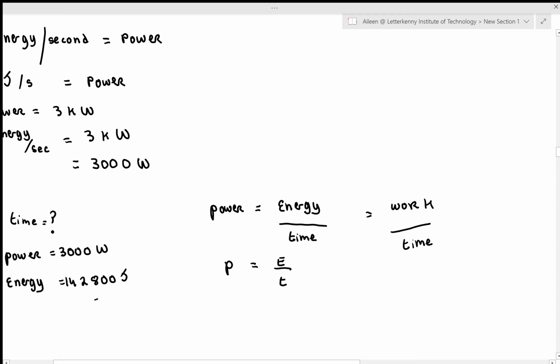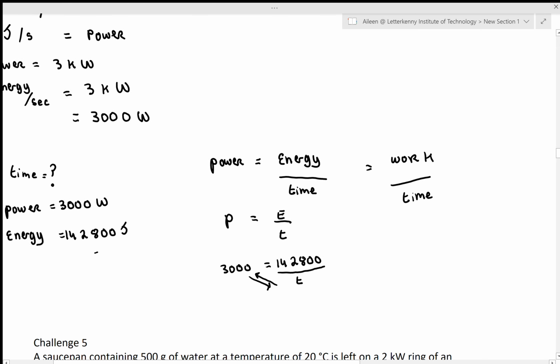So I have the power and I have the energy and I want my time value. So from here, I'm just going to substitute in and solve for what I need. So I have 3,000 is equal to 142,800 divided by my time value, which I don't know. So I'm just going to swap out these values, so cross multiply and cross divide, which gives me my time is equal to 142,800 all over 3,000.